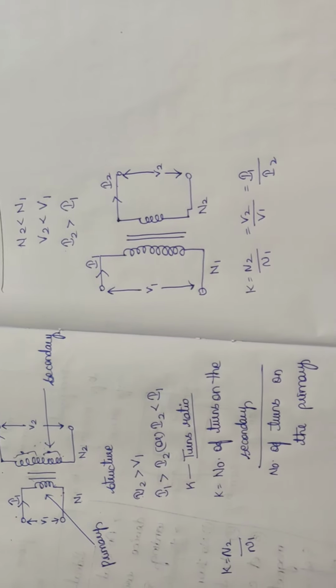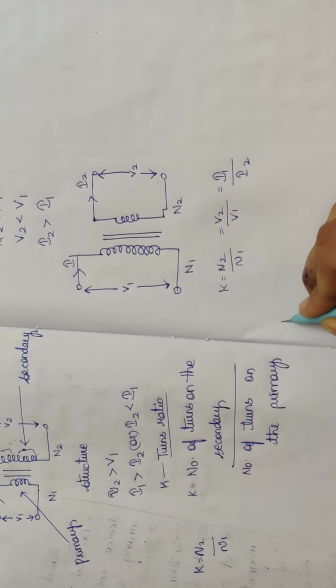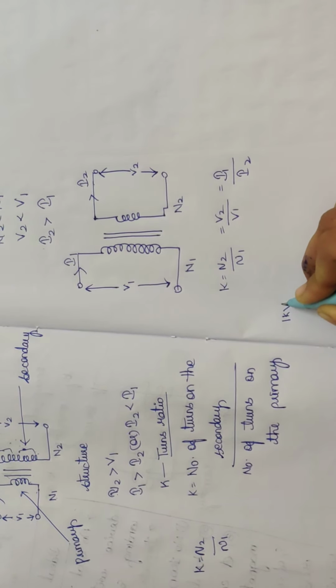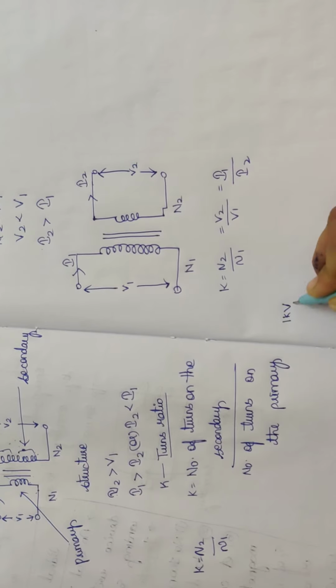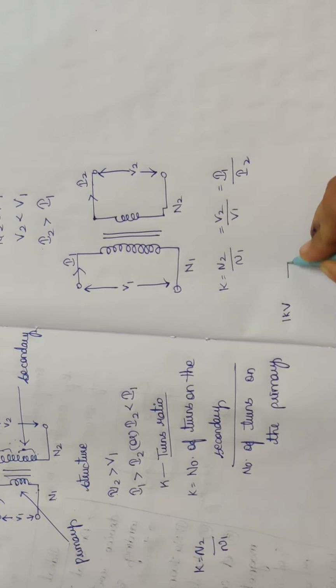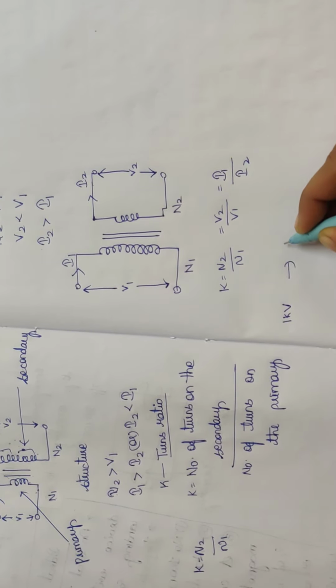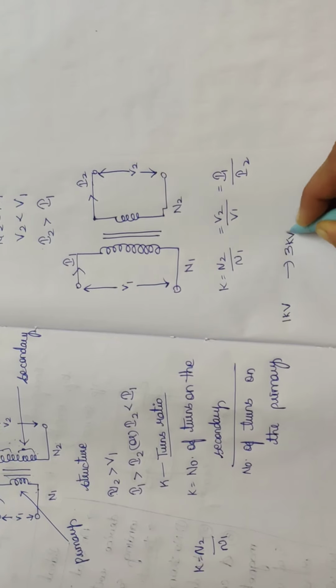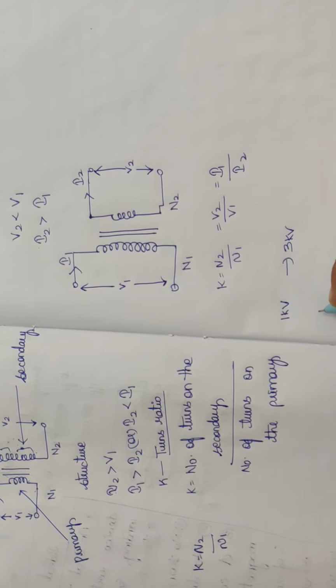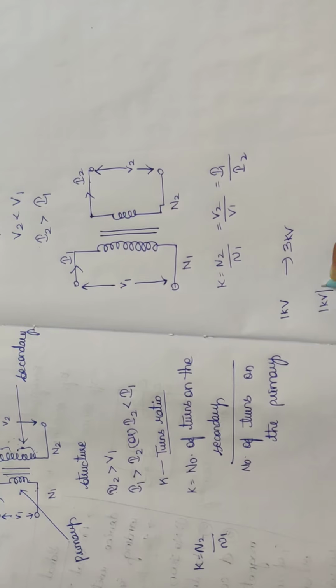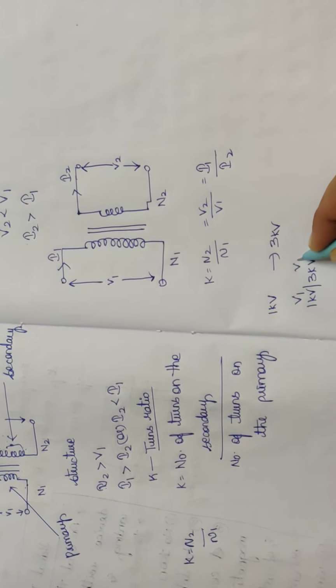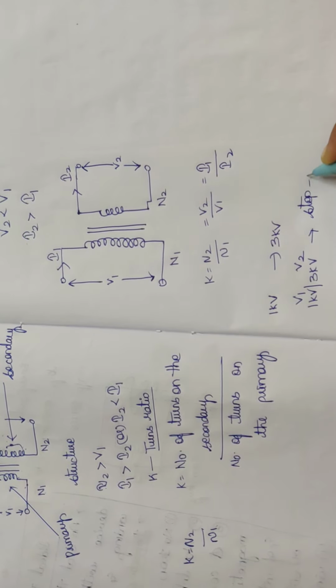For example, if I am giving 1 kilovolt to the primary winding in a step-up transformer, I may get 3 kV. On the transformer rating they will give 1 kV by 3 kV, meaning this is your V1 voltage and this is V2 voltage, and the given transformer is a step-up transformer.